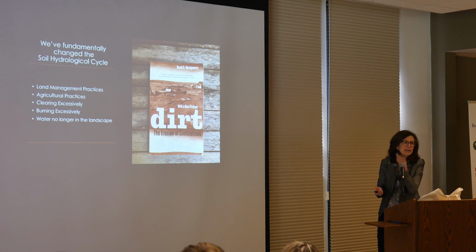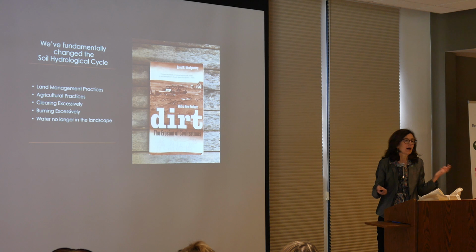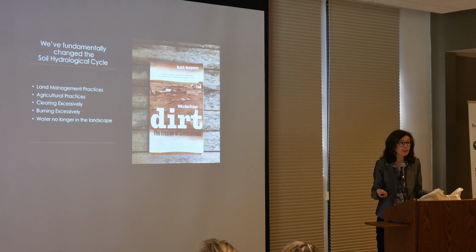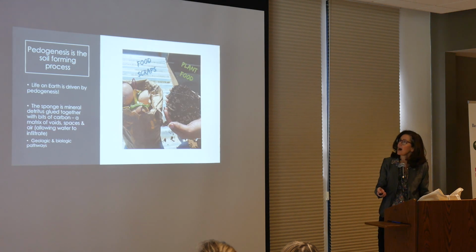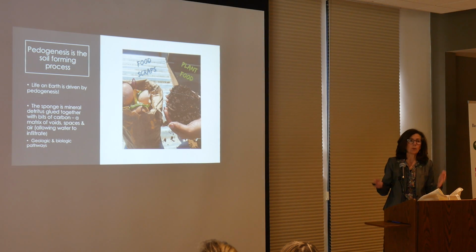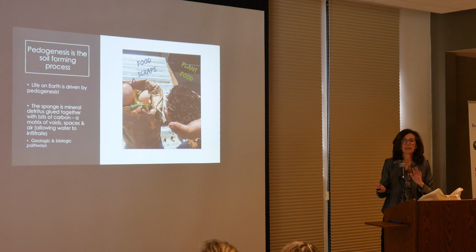But what has happened with this erosion, with the carbon leaving the soil as a solid and going up into the atmosphere where it turns into a gas, is that we've interfered with the hydrology of the Earth. And that's a really big problem, but again, something that we can address by thinking about it a little differently.